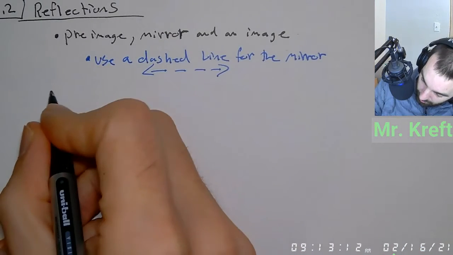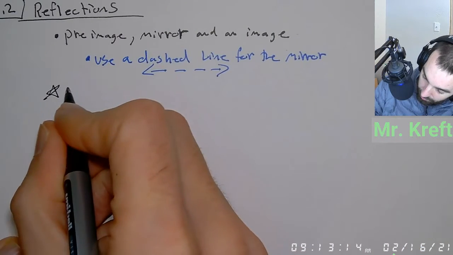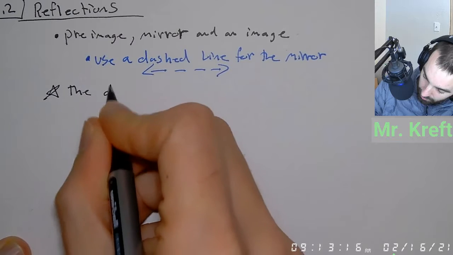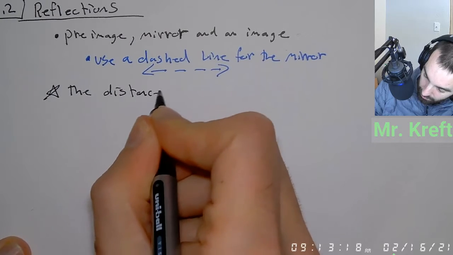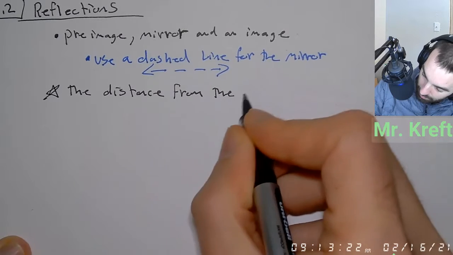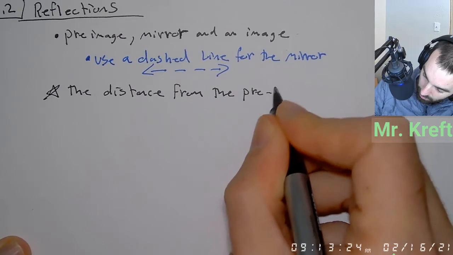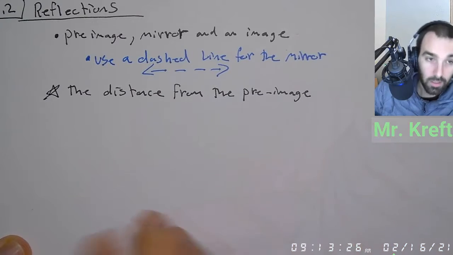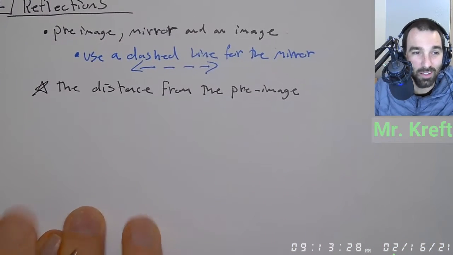And then the key here, and I'm going to put this in stars: the distance from the pre-image. I'm going to slow down so you guys can get this all down.